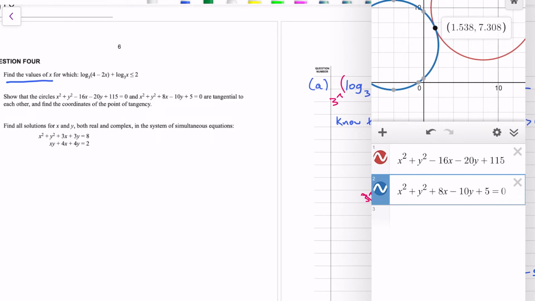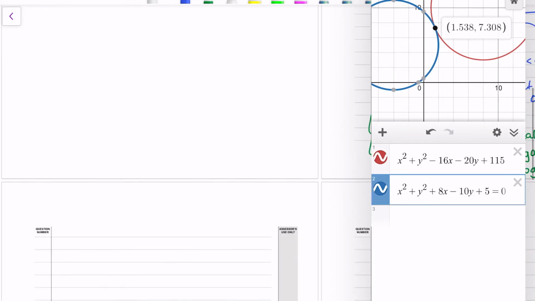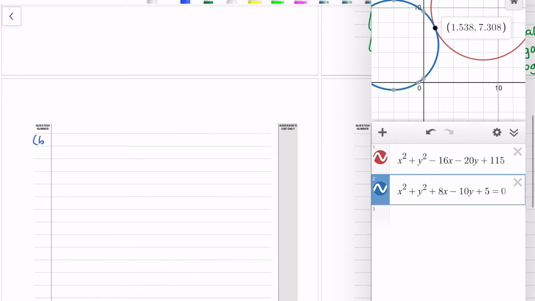Method 1 is going to be an algebraic one, and then we'll look at how we can do it geometrically. So, okay, if I take these equations and solve them simultaneously, there's heaps of ways of solving simultaneous equations, but for this, I think getting rid of the x squared and y squared terms would be useful.